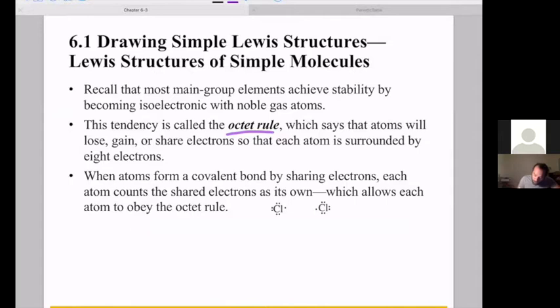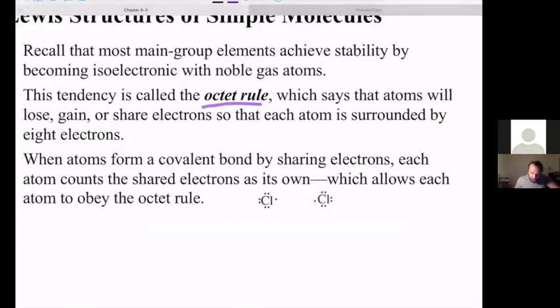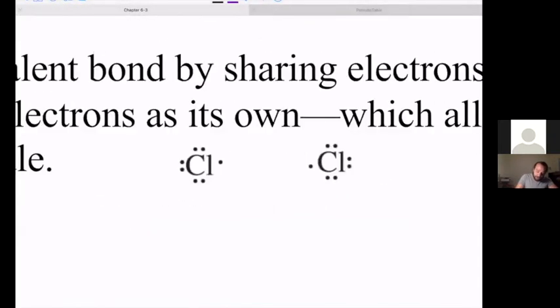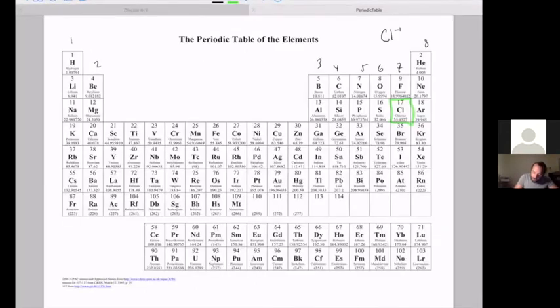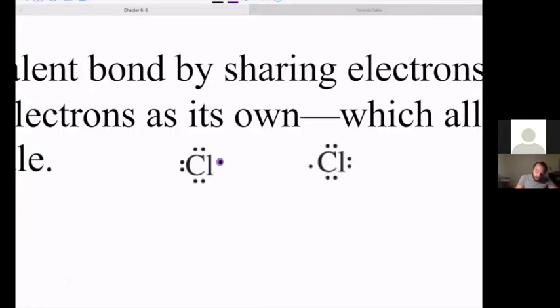So for two chlorine atoms, if we drew their Lewis dot structure, remember we learned how to do that, that was just putting the number of dots that correspond to the number of valence electrons on an atom. By looking at where chlorine was on the periodic table, we knew it had 7 valence electrons, so we can build its electron dot structure: 1, 2, 3, 4, 5, 6, 7.